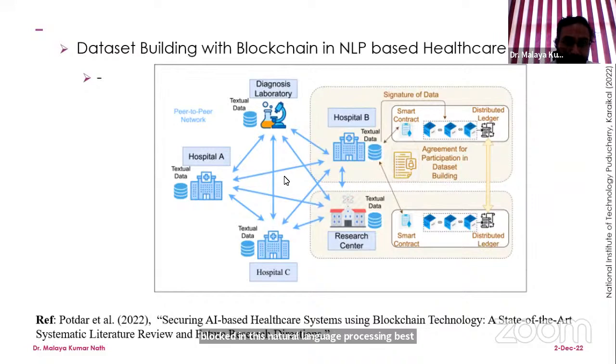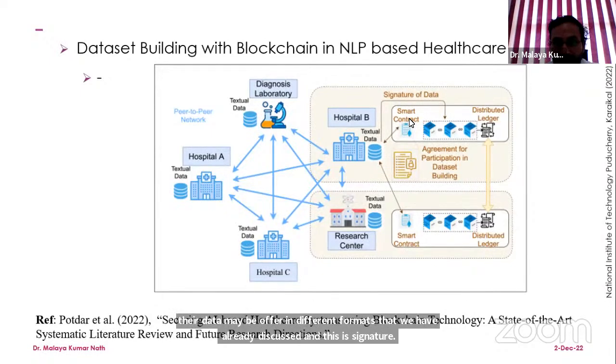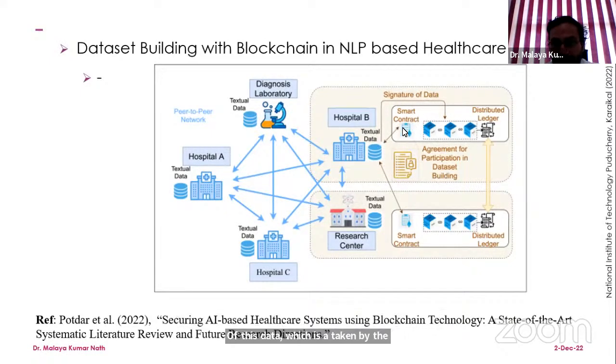Hospital A, diagnostic laboratory, hospital C, hospital B, as well as research centers are communicating data with each other. The data may be in different formats that we have already discussed. And this is the signature of this data, which is taken with the help of a smart contract. And this agreed participation in the database building is there, and they are able to communicate with these different organizations. So this is the blockchain network.